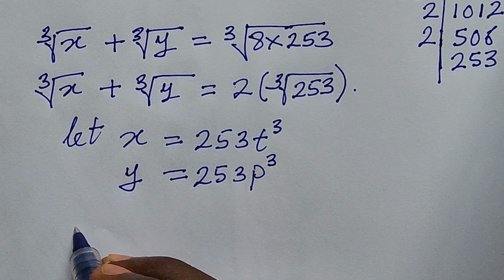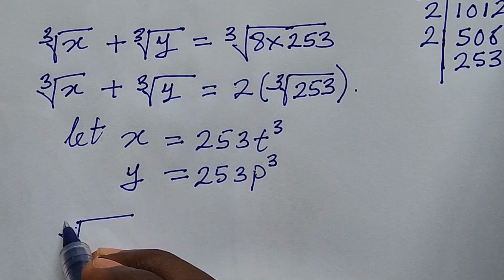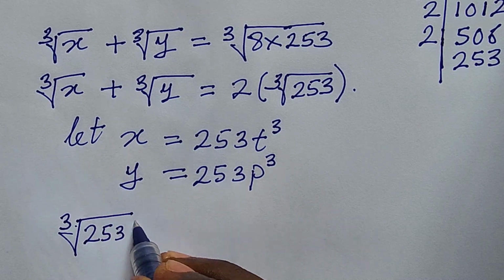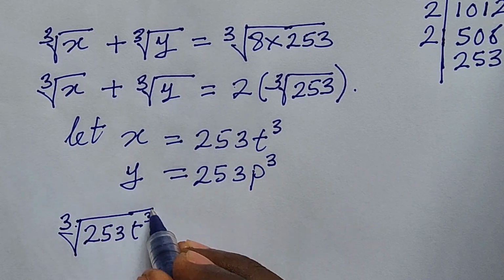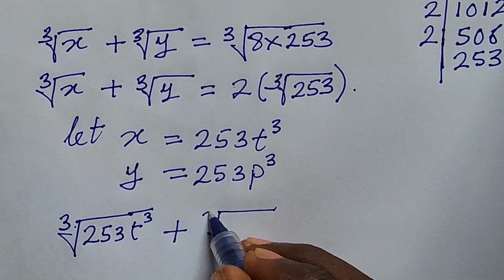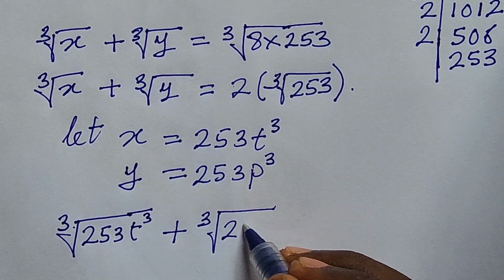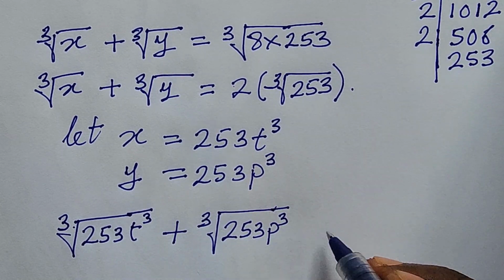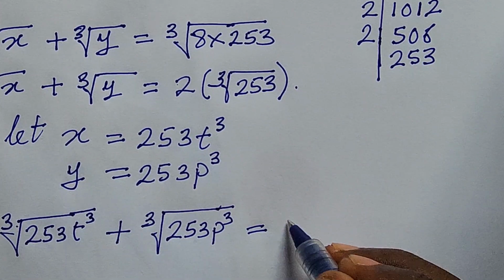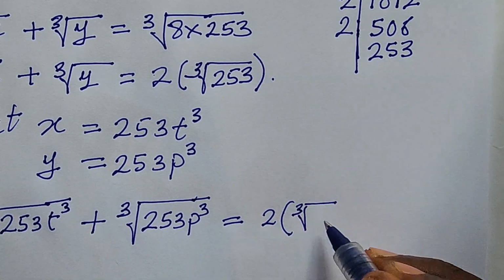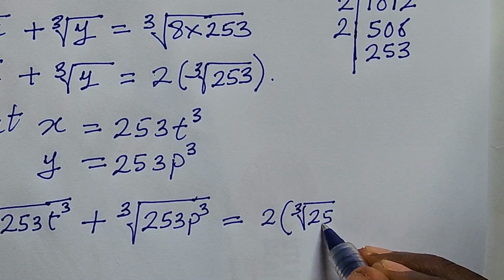So we have the cube root of 253 t to the power of 3, plus the cube root of 253 p to the power of 3, everything equal to 2 times the cube root of 253.